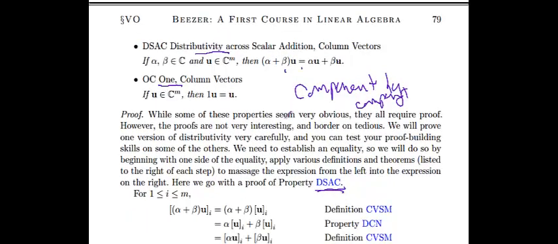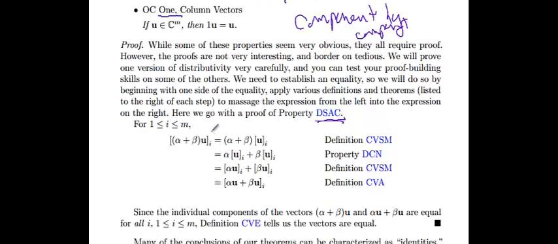Well, if you apply this to one component, here you take (a plus b) times u and take the ith component of that. Now that's a scalar multiple times a vector. The definition of what it means to take the ith component of a scalar multiple of a vector is the scalar multiple of the ith component of the original vector.